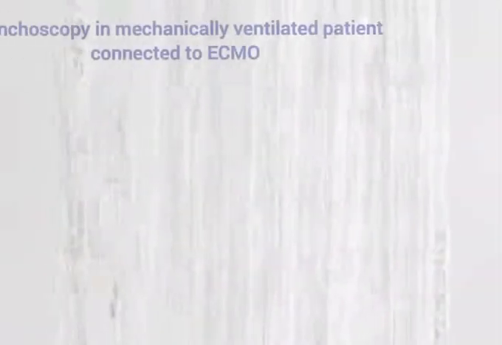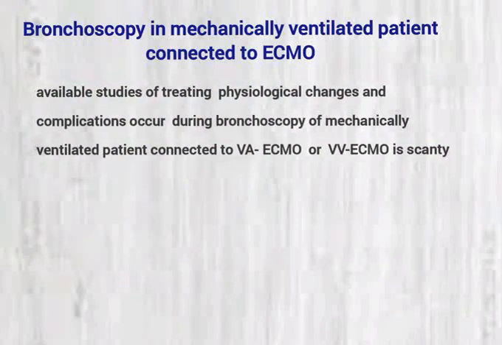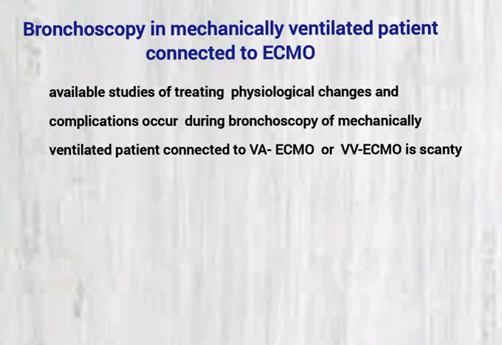The last scenario that can occur is bronchoscopy in a mechanically ventilated patient connected to extracorporeal membrane oxygenation. In such cases, the available studies of physiological changes and complications occurring during bronchoscopy of a mechanically ventilated patient connected to veno-arterial ECMO or veno-venous ECMO are scanty.